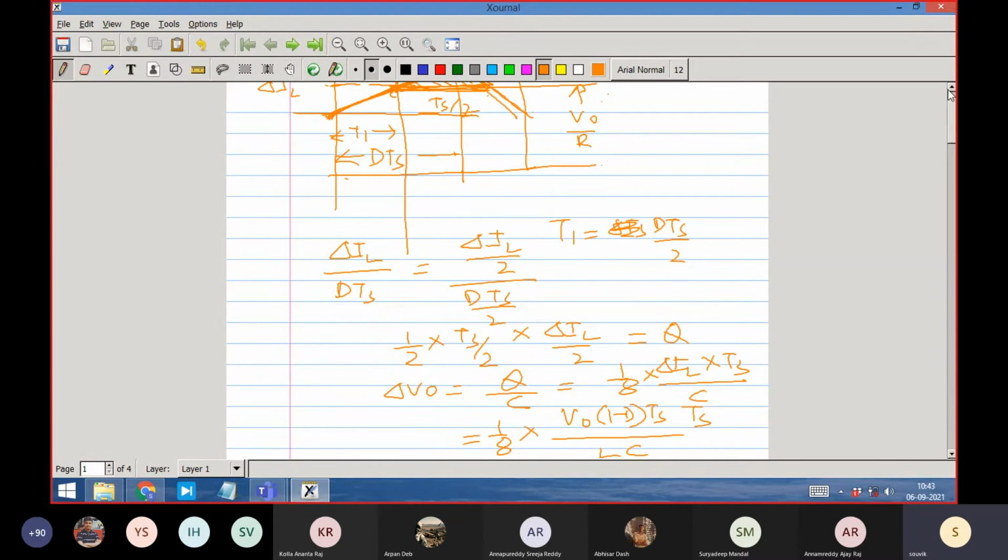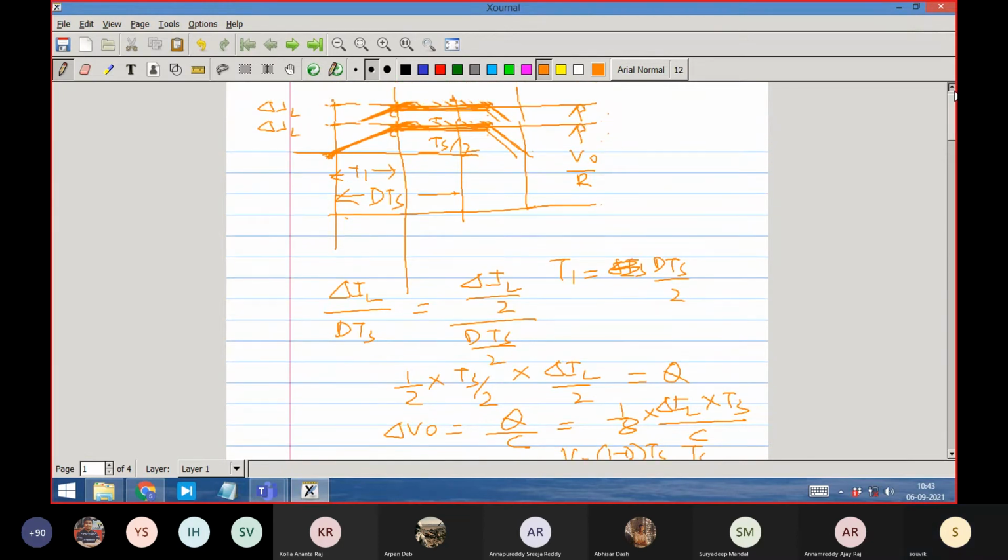Again I repeat, the voltage ripple is happening, magnitude wise, in this zone. Here it is some value, and till this value it is increasing. After that it will decrease, because these are negative slope. The capacitor current 0 is located here.